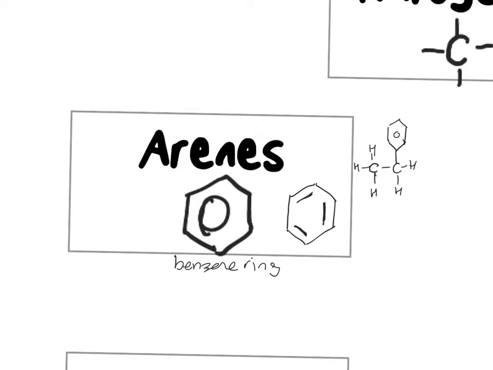So in this case that would be called ethylbenzene. So the benzene group is this, and we treat the ethyl group as a substituent on the benzene ring. So that would be ethylbenzene.